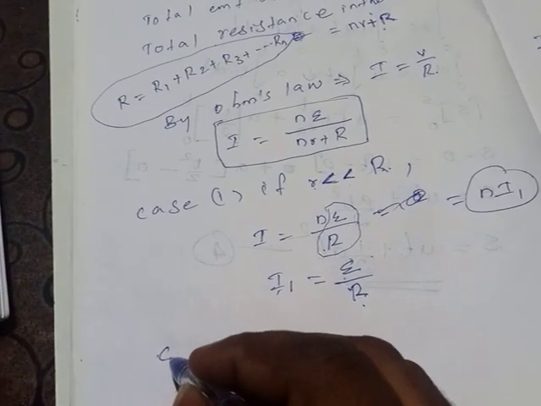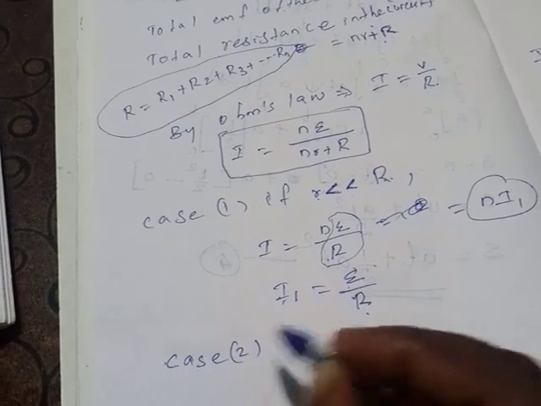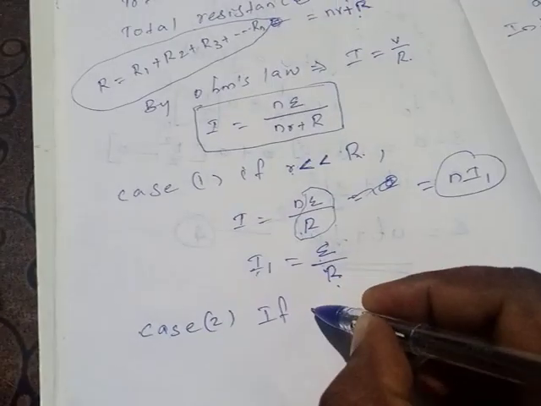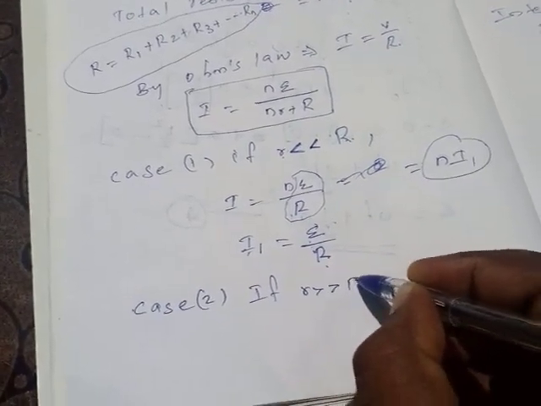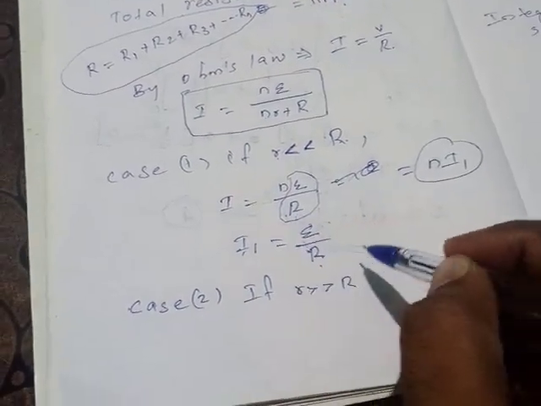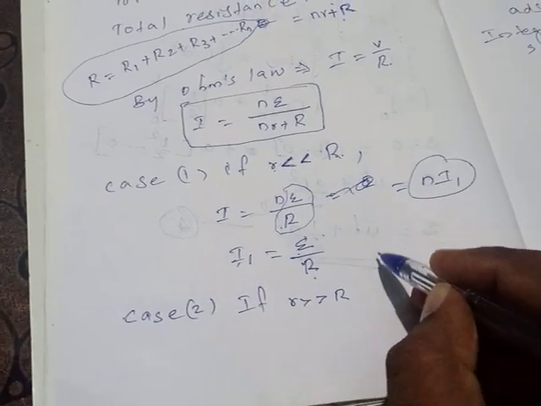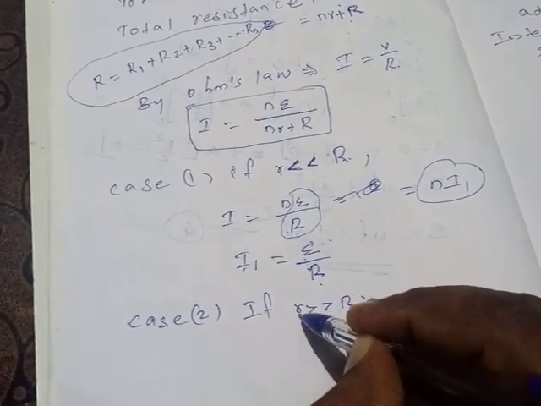So let us see case 2. Case 2 is if r is very much greater than R. What will happen? Let us see.